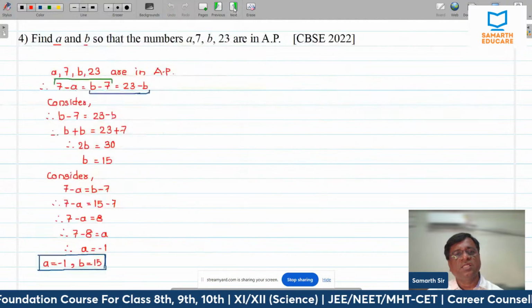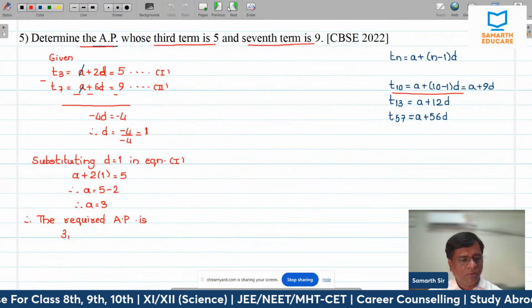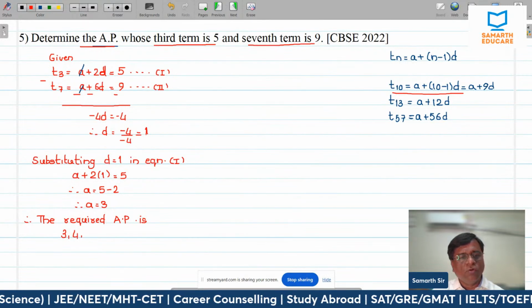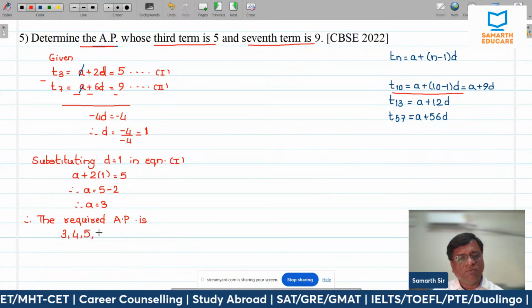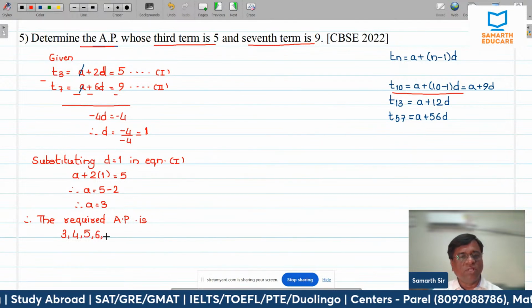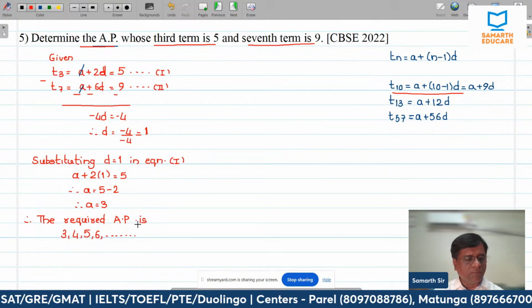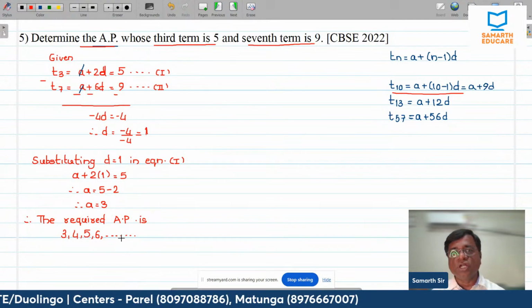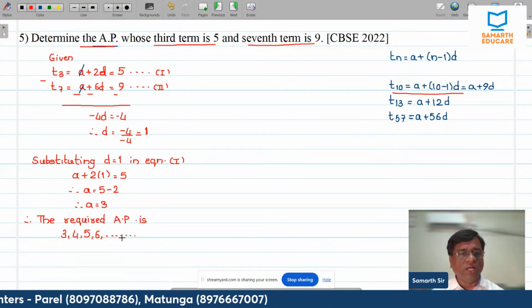So we have to keep adding d. Now 3 plus 1, that is 4. 4 plus 1, that is 5. 5 plus 1, 6. How many terms? It is not specified. So I will say dot dot dot. That means it is an infinite arithmetic progression. So I'll write 3 to 4 terms and leave that.